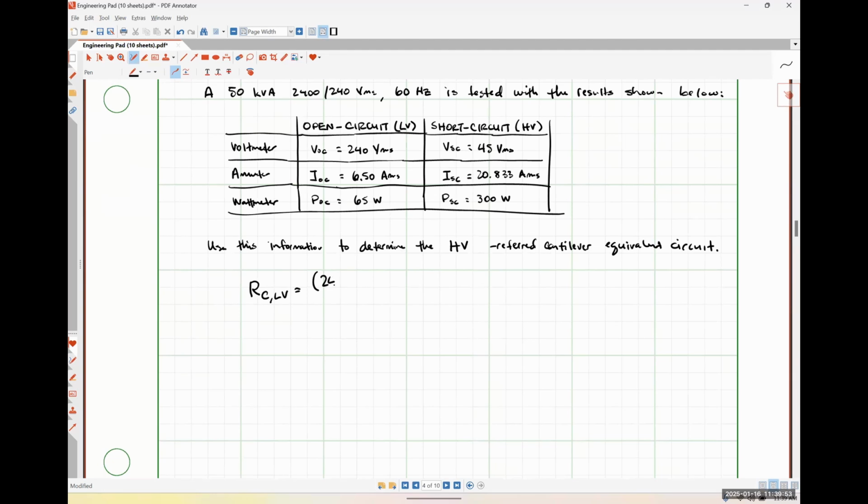So that's going to be 240 volts RMS quantity squared divided by 65 watts. 240 squared over 65 comes out to be 886.153 ohms.